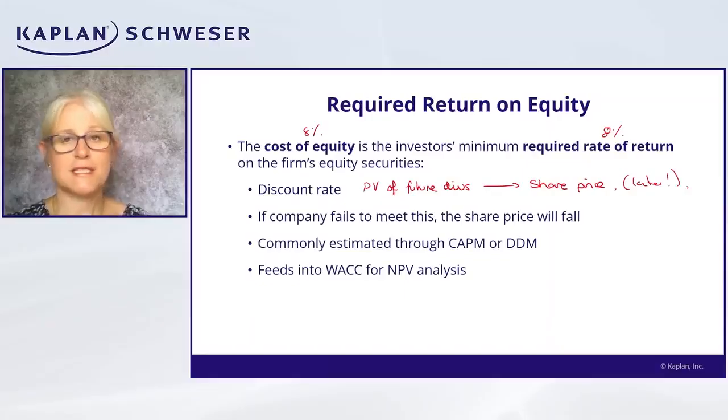So the cost of equity, we will meet later in other parts of the curriculum, estimated through various measures, which you will see, so don't worry. But they're basically using observed inputs to work out what is a reasonable return for the shareholders. And it also links in with doing NPV calculations when we need to discount at the weighted average cost of capital.